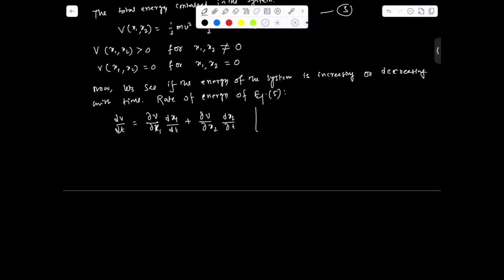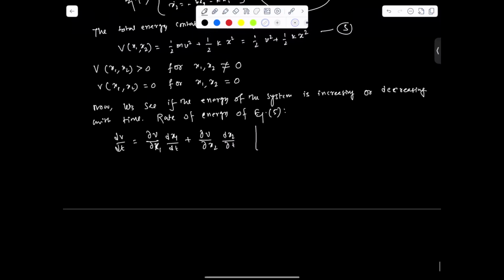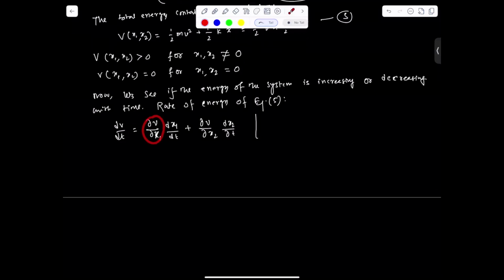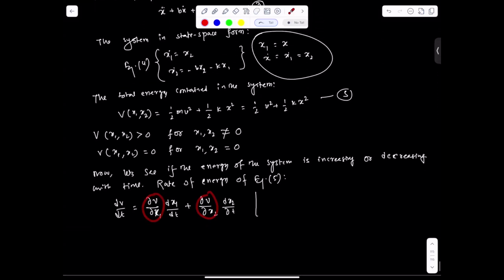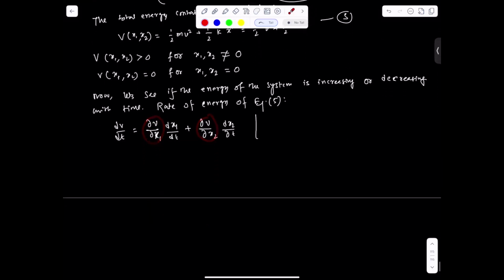So now we can find this function from equation 4. Here we can write ∂V/∂x1 we have kx1, and ∂V/∂x2 we are having x2.